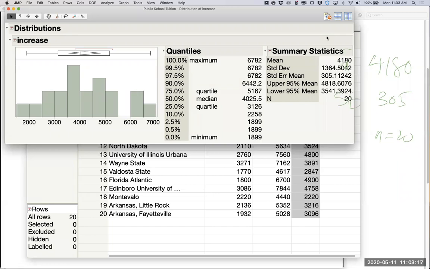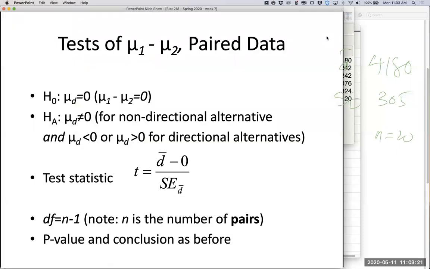Okay, now let's go ahead and calculate our test statistic using this approach here. We've got d bar 4180 minus what it should be on average if the null is true over the standard error 305, and that is a ratio of, well, that's hard to do.